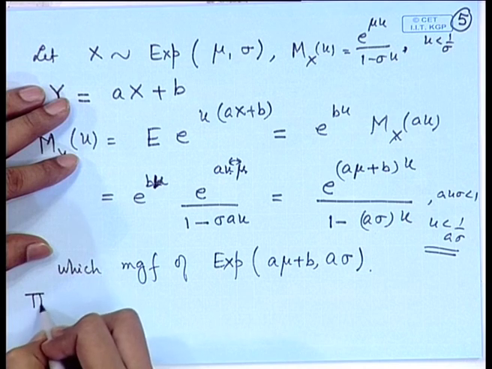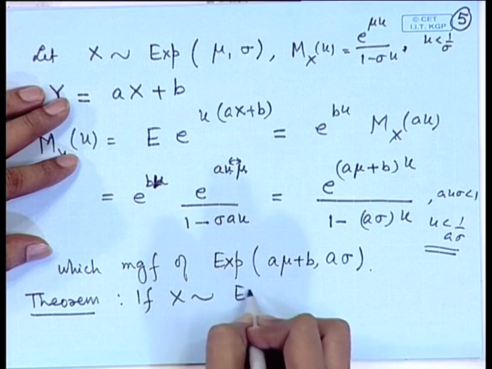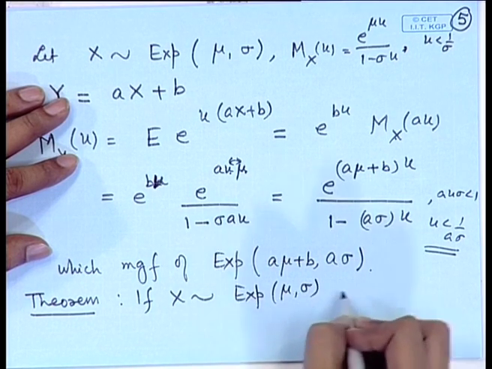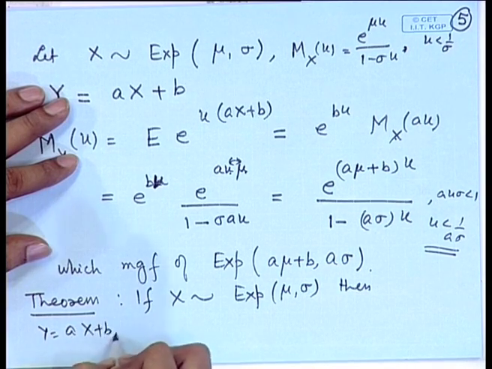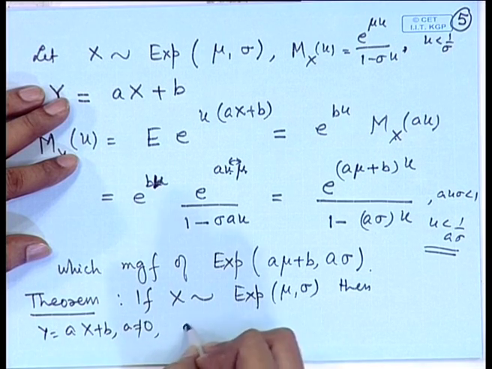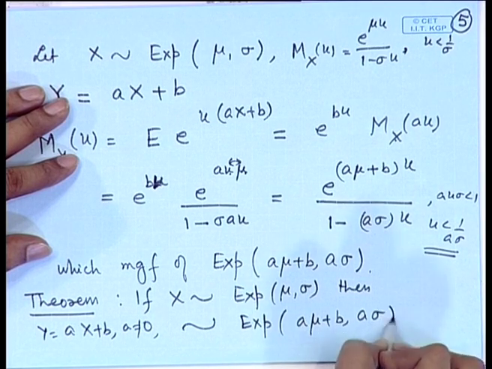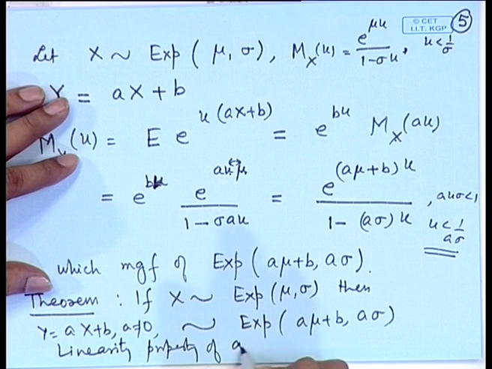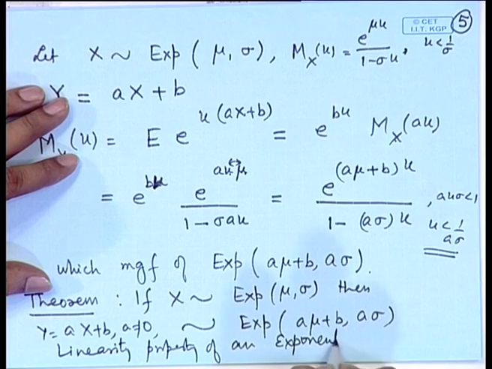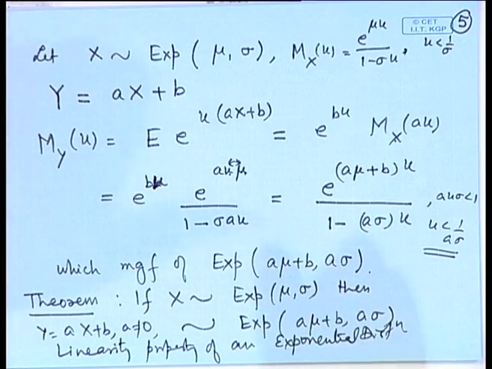So, this means we have proved the following theorem: if x follows exponential mu sigma, then y is equal to A x plus b, where A is not 0, follows exponential distribution with parameter A mu plus b, A sigma. This is basically the linearity property of an exponential distribution. That means, any linear function of an exponential distribution again has an exponential distribution.